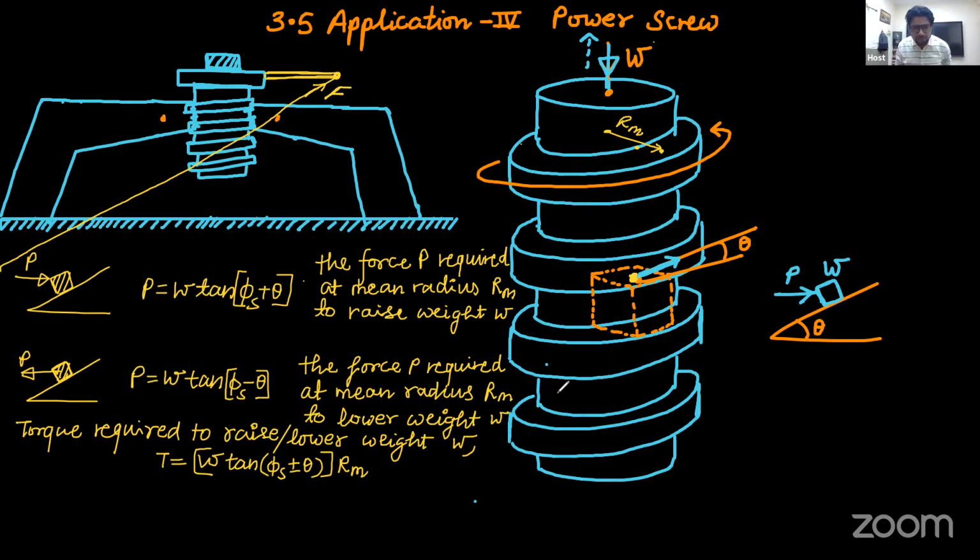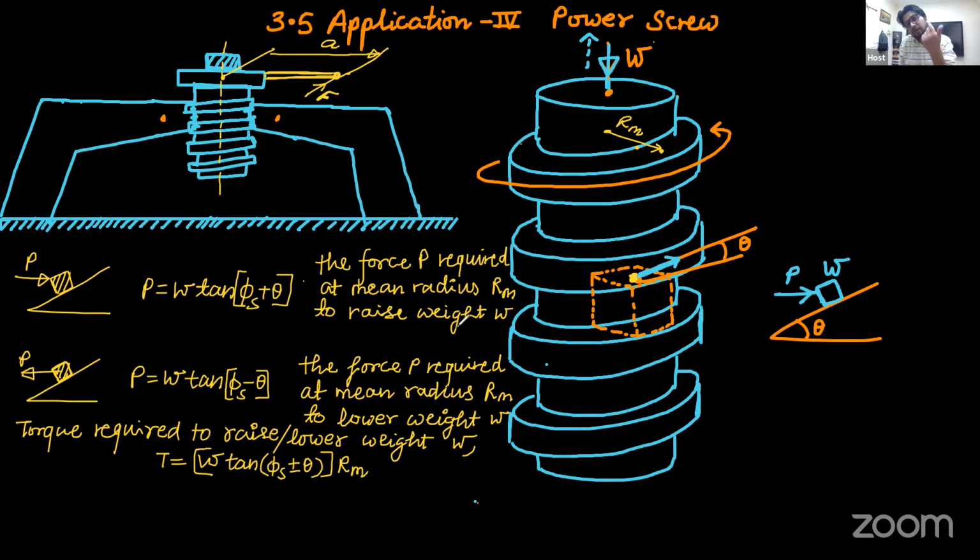Cool. So we have this F value acting perpendicular to the plane of board. Now, how much torque are you really generating about the center? Let's say this distance is small a.